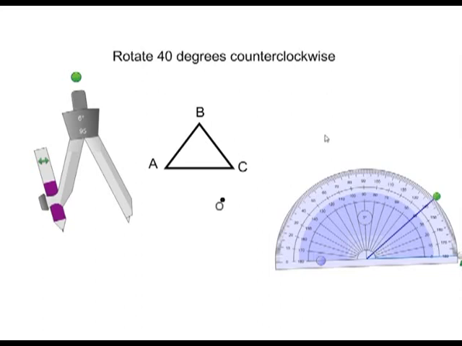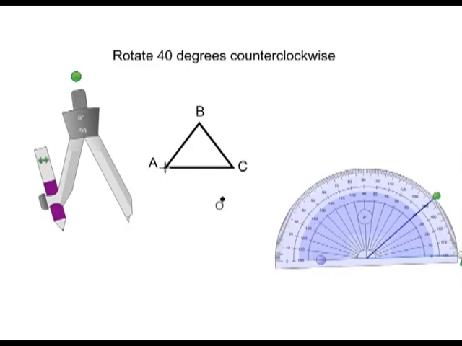But we need the compass to measure the distance from the vertices to the center of rotation, because we will need the same equal distances from that center to the vertices of the image. The first thing is to draw a line from A to the center of rotation.